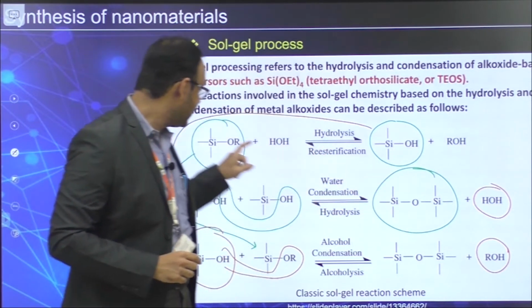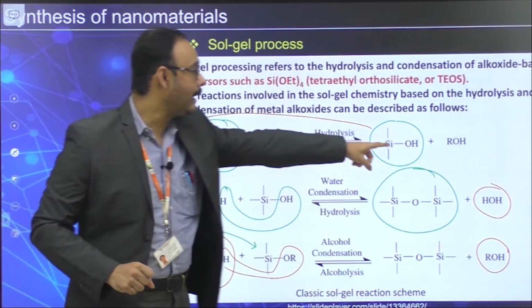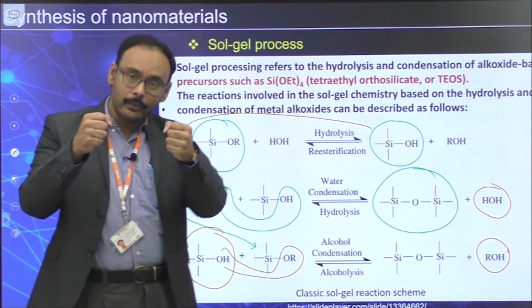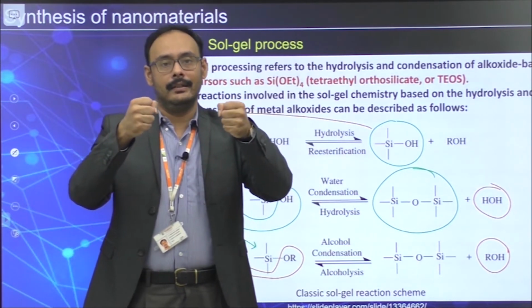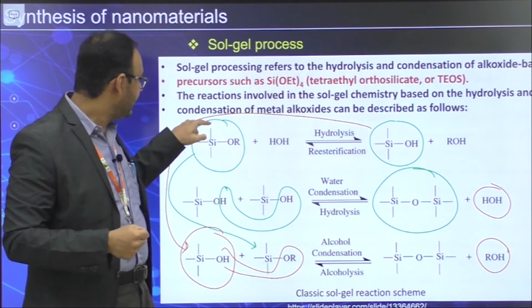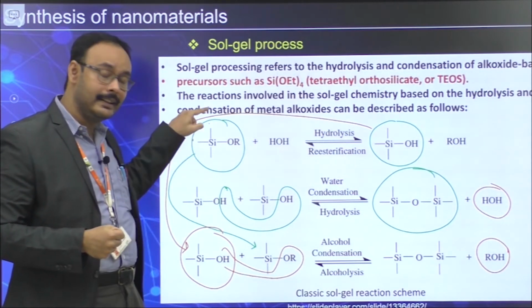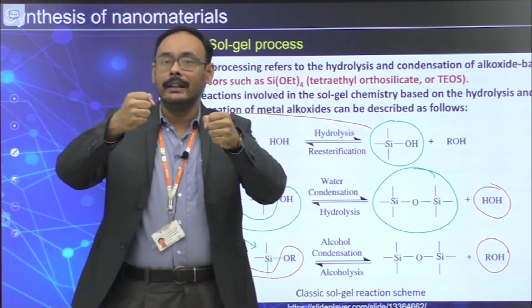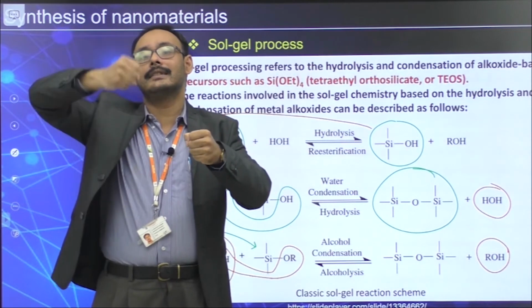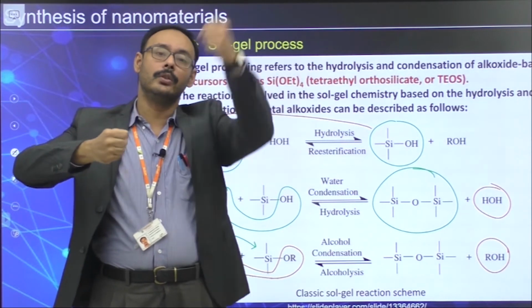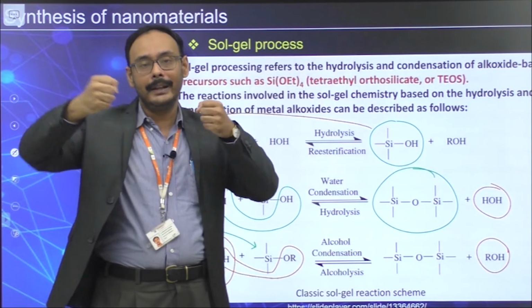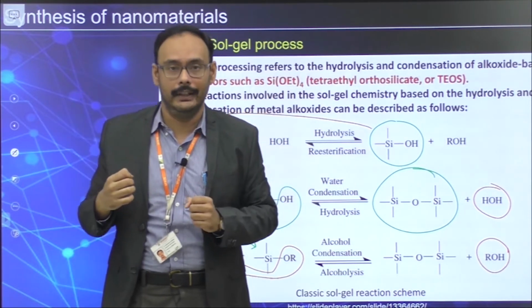Now look at this, this is happening at the one OH center and you are forming one SiO-Si linkage. Now if there is a possibility to form linkages here, then this one is going to also grow on this side. This one is also going to go on this side. Like that, it will be a three-dimensional network kind of thing.